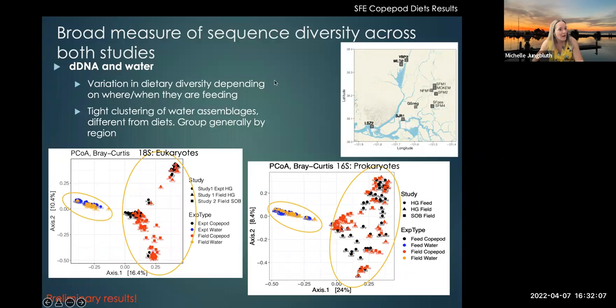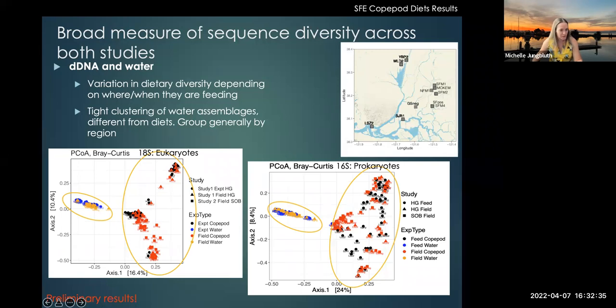Anyway, so for a broad measure of sequence diversity across both studies, here I'm showing PCoAs of the assemblages in each sample, the sequence diversity in each sample, and how it compares with Bray-Curtis dissimilarities for the 18S on the left, which is eukaryotic diversity, and the 16S on the right, which is prokaryotic diversity, mostly bacteria.